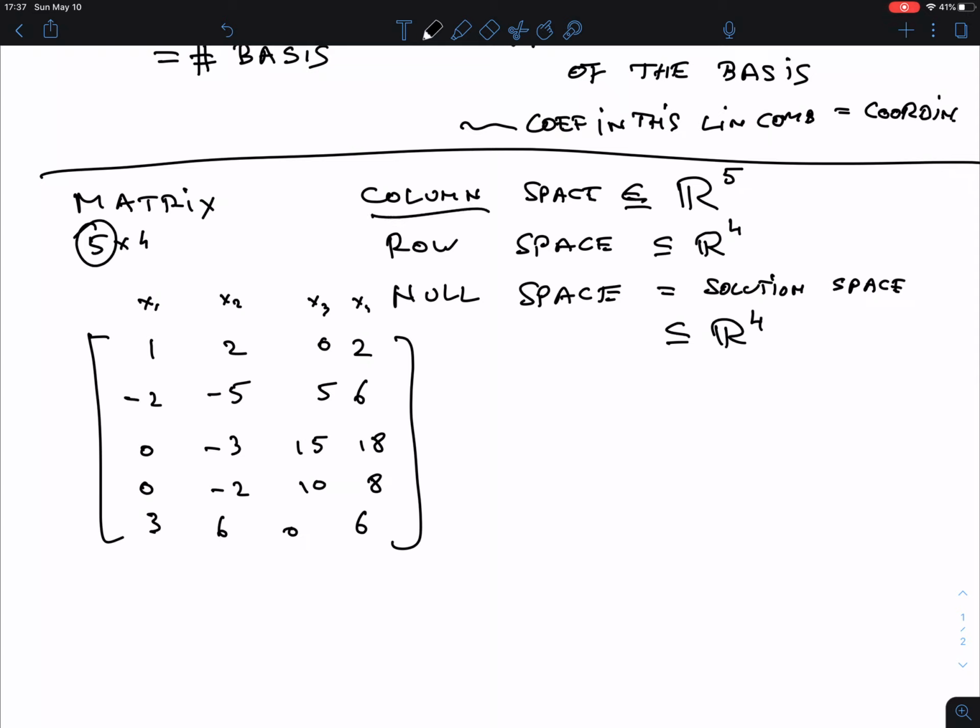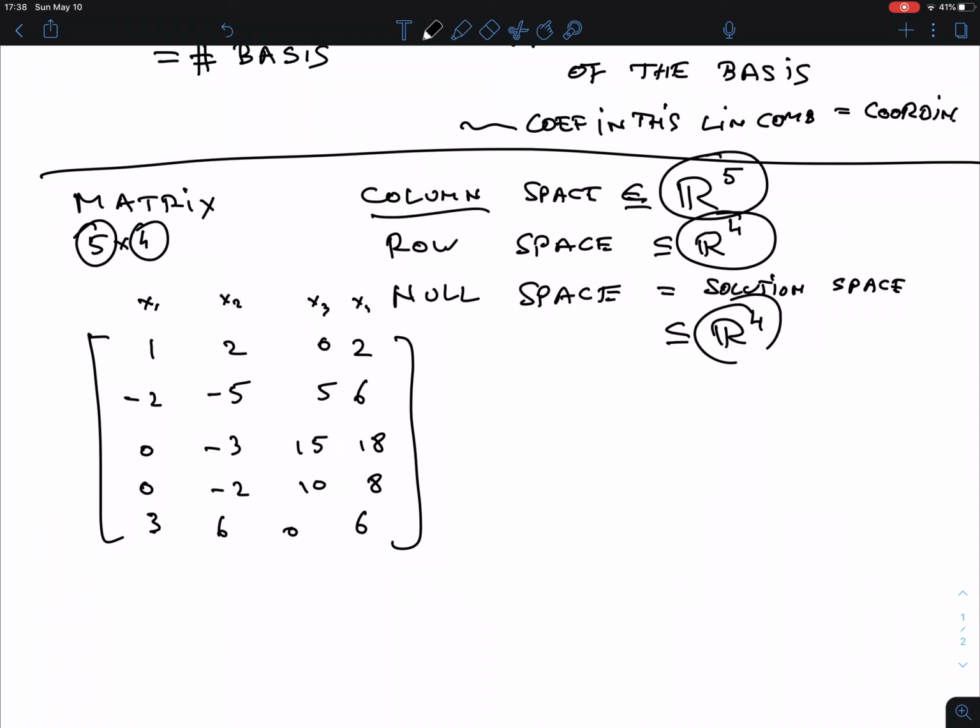So that's why the column space is in R5. There are 4 columns. That means that every row is a 4 vector. That's why the row space is in R4. And if it's a 5 by 4, if you think of it as equations, it means there are 5 equations in 4 variables, therefore the null space is in R4.